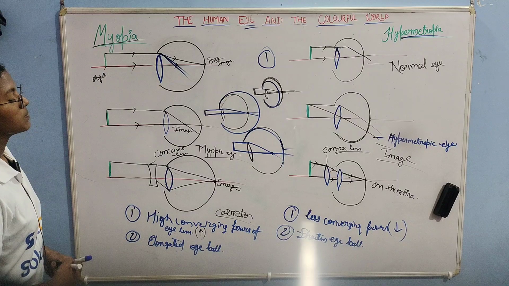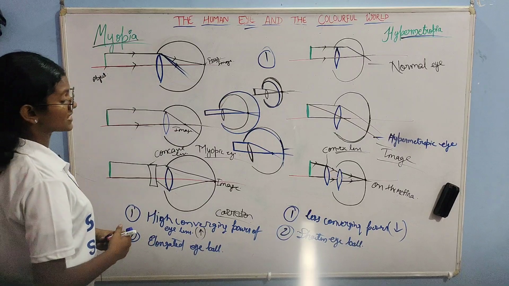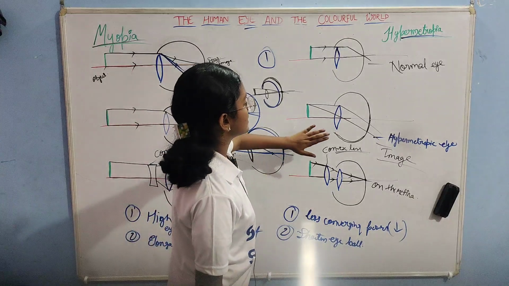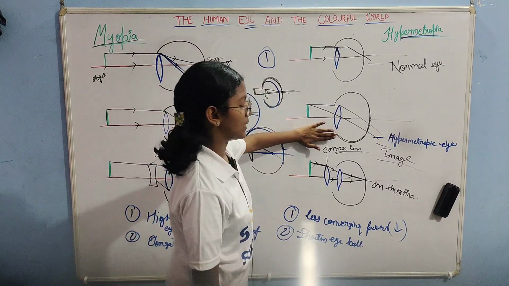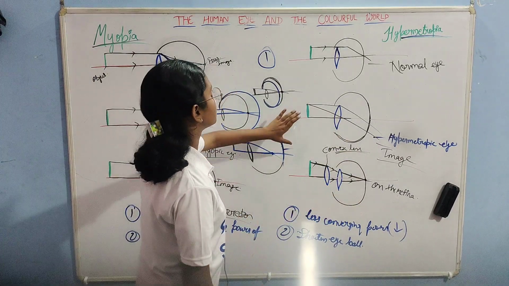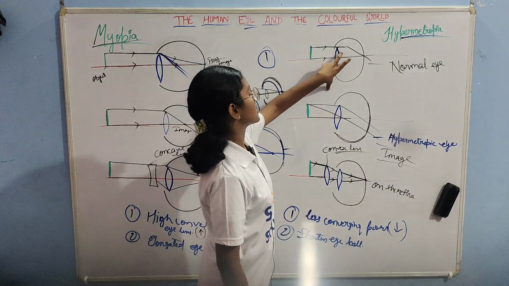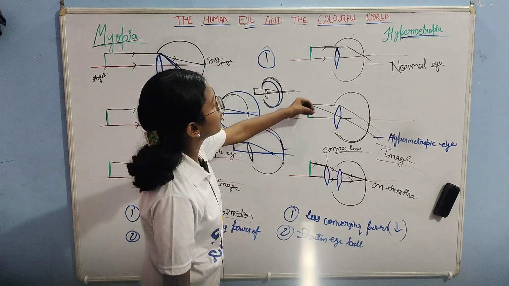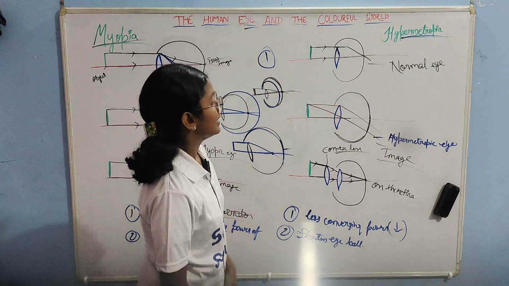Then the third case is presbyopia. Presbyopia is similar to hypermetropia, but it actually happens in old age when the ciliary muscles become rigid and the power of accommodation of our eye lens becomes less.